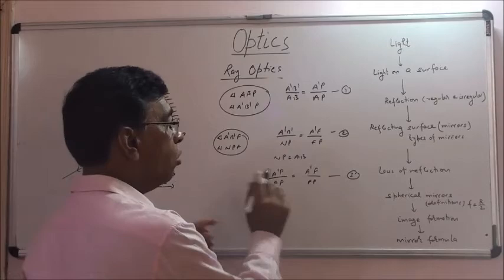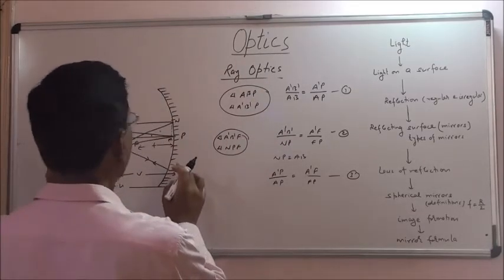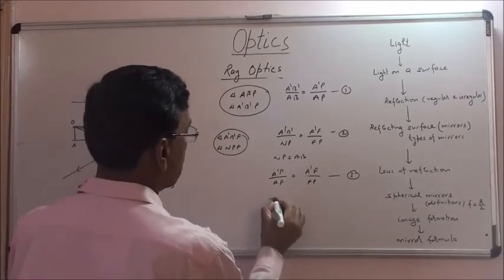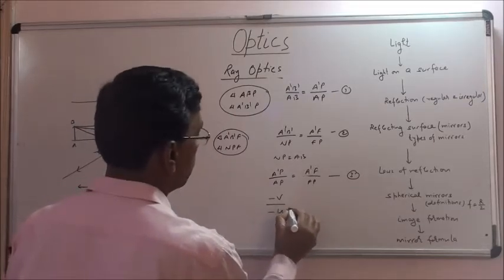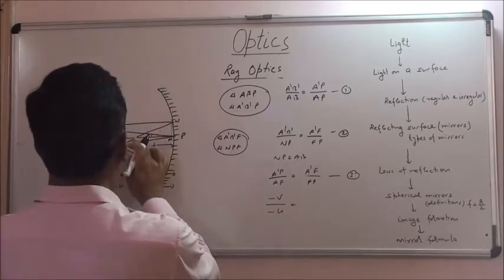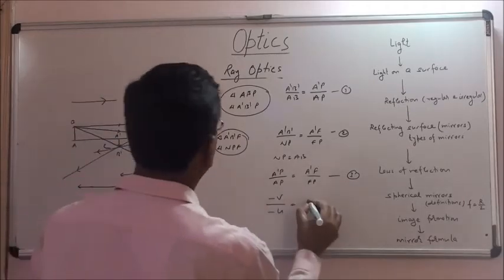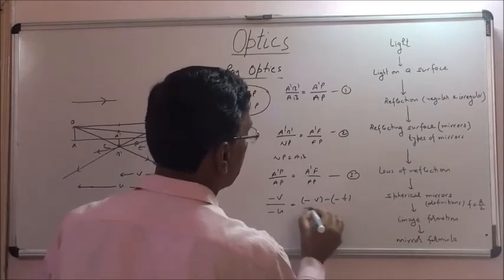Okay. Now substitute U, V and F with proper sign. A dash P is minus V. AP is minus U. A dash F, this distance, is this minus this, so minus V minus minus F. See it carefully.